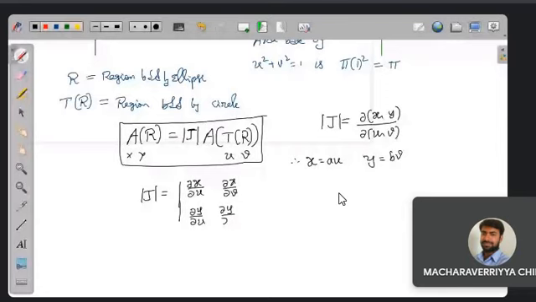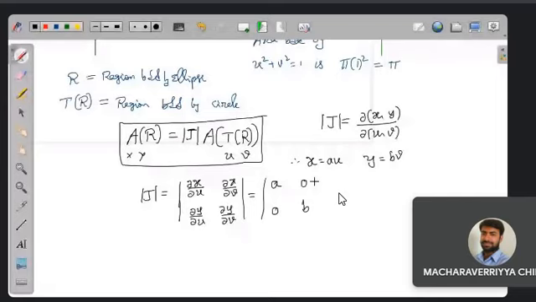I'm calculating the reverse. It's not the Jacobian of uv with respect to xy, it's the Jacobian of xy with respect to uv. All right. So what is the derivative of x with respect to u? That is a. Derivative of x with respect to v is 0. Derivative of y with respect to u is 0. With respect to v is b. So what is the determinant? The determinant is a into b.